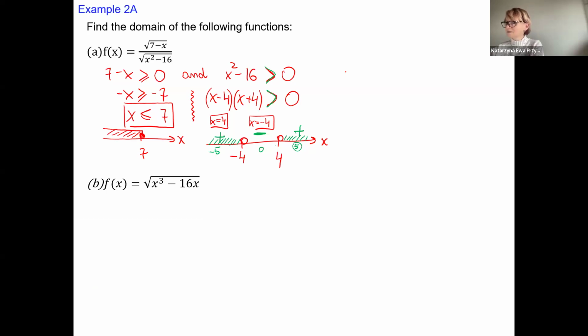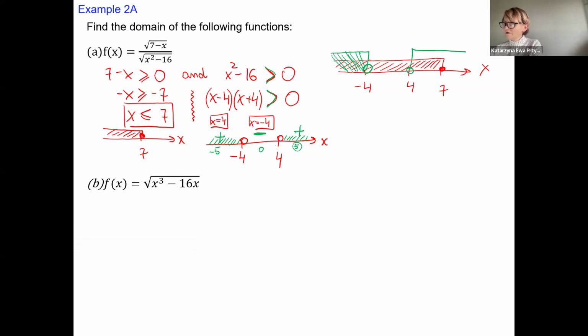But let's just put this together. We have negative 4, 4, and 7. We can accept all of those numbers, because that's the first one, and we can accept not including 4, negative 4 and 4.